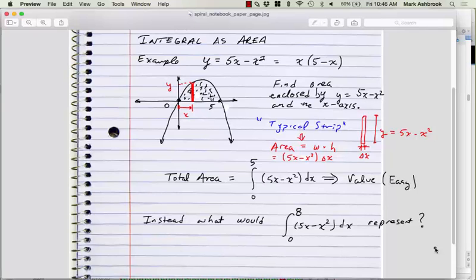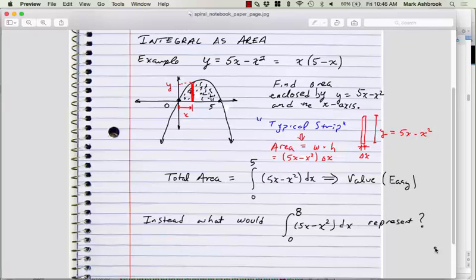What's that? The area outside. Because 8 is not part of the area. Okay. Other? The net area. What does that mean, net area?